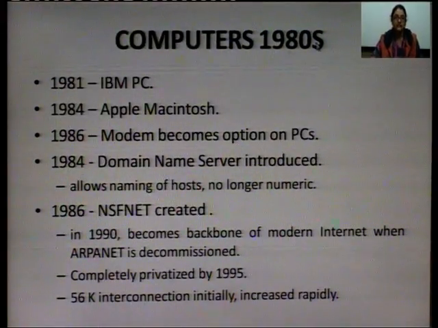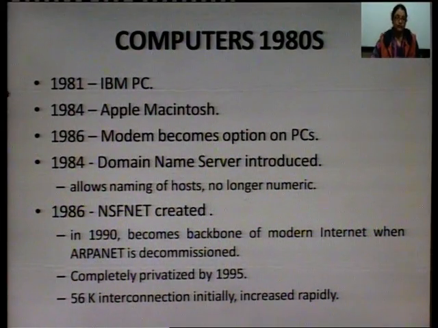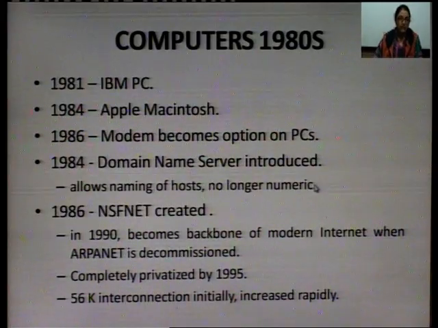The status of computers during the 1980s was as follows. In 1981, IBM PC computers were discovered. In 1984, Apple Macintosh computers were discovered. In 1986, modem becomes an option for PCs, and in 1984, the domain name server was introduced that allows the naming of hosts and computers, which was no longer any numeric naming.